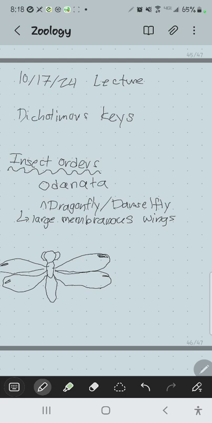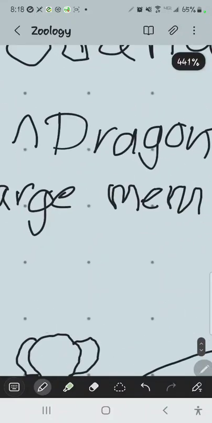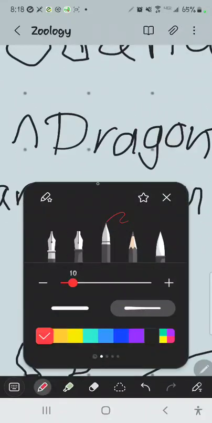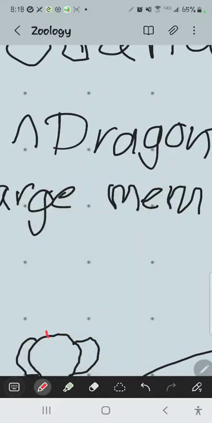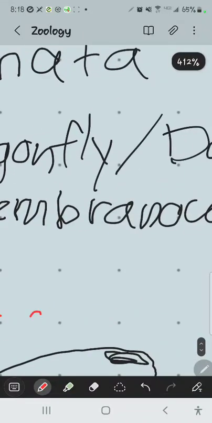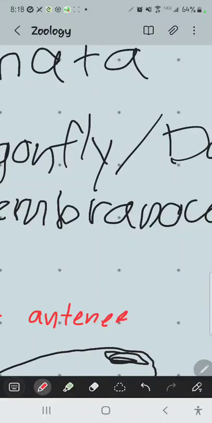Another feature that's really important, or very easy to use, is that these have very short antennae. And again, the term short, usually you refer to the length of the head; their antennae are actually shorter than the head is long.